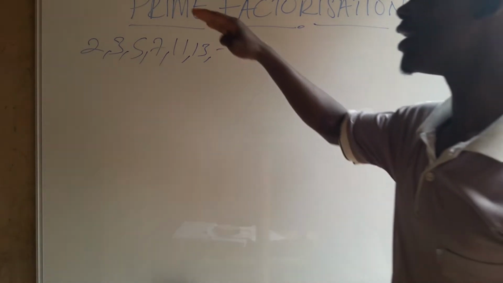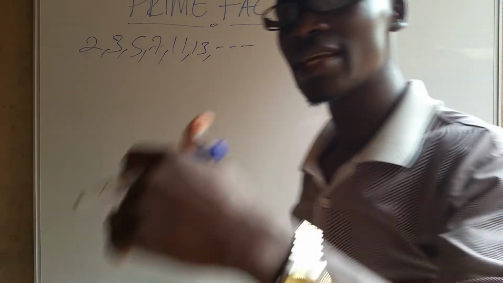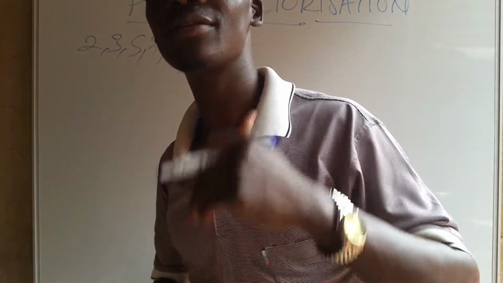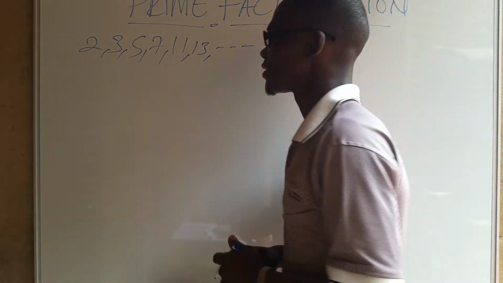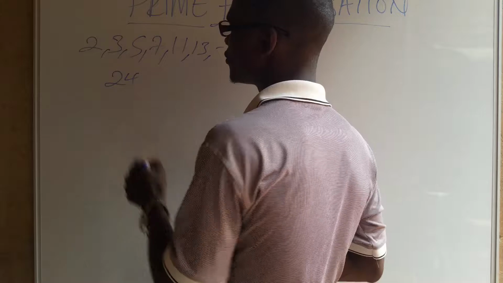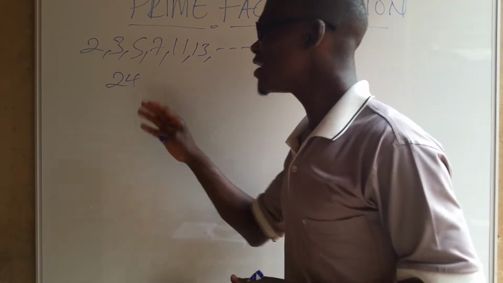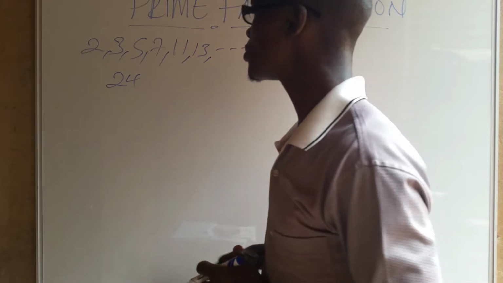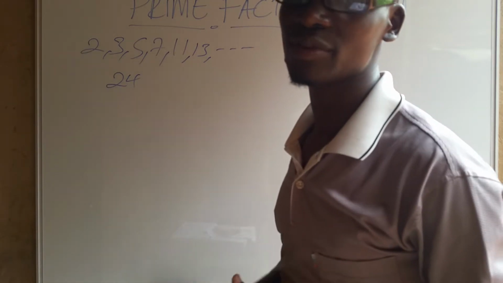Therefore, in prime factorization, we express a number as a product of its prime factors. For instance, we may have the number 24. 24 has many factors, which include prime factors and the other types of numbers.